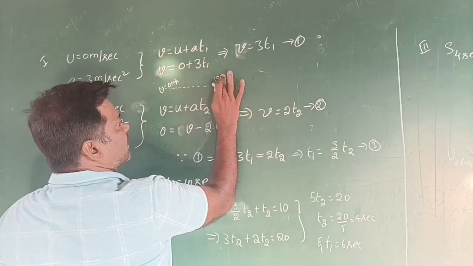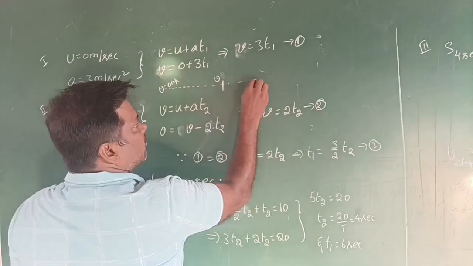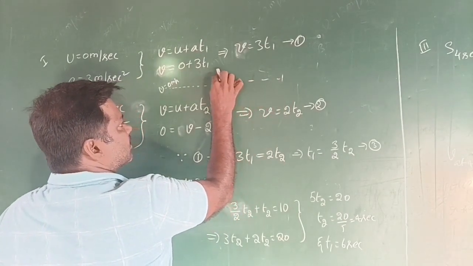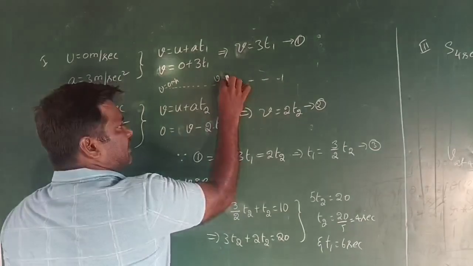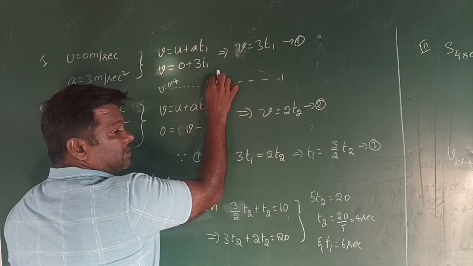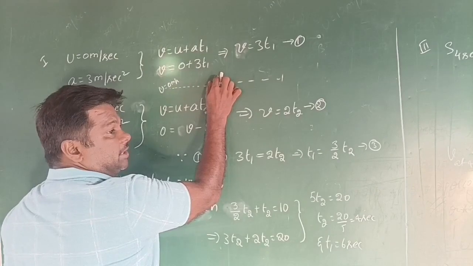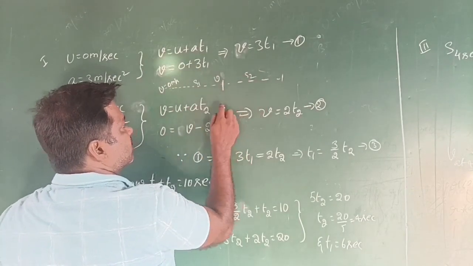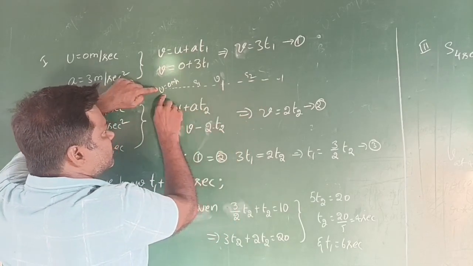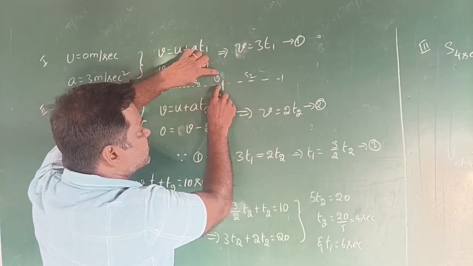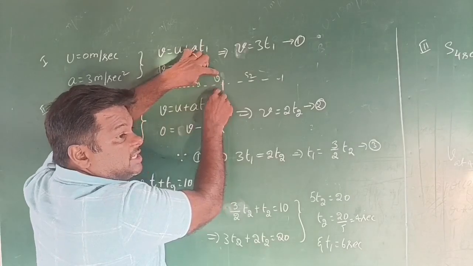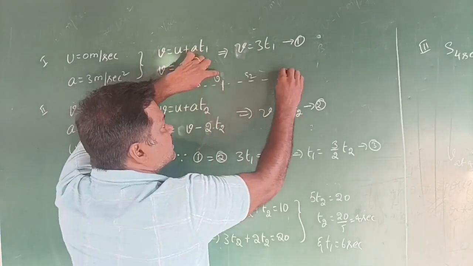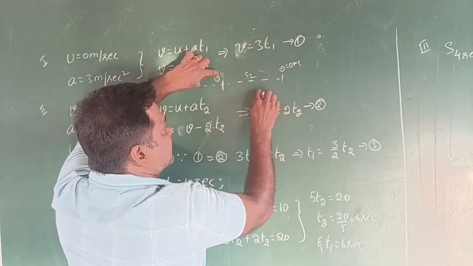When he applied brakes, for the second half of the journey, the initial velocity is nothing but the final velocity of the first half of the journey. This is S1 and this is S2. From here to here it is the initial velocity and here it is the final velocity. This final velocity is the initial velocity for the next journey. Here he applied brakes, and its final velocity becomes 0 in the second case.